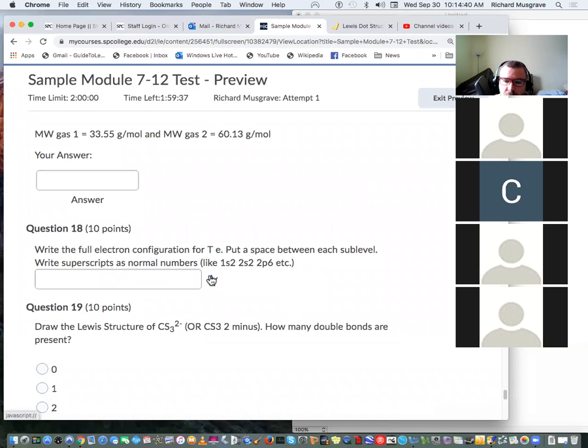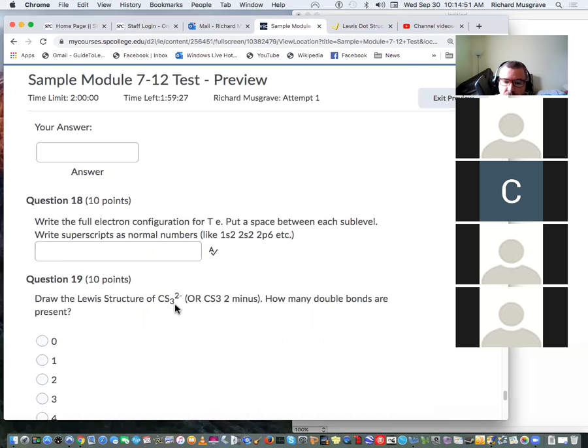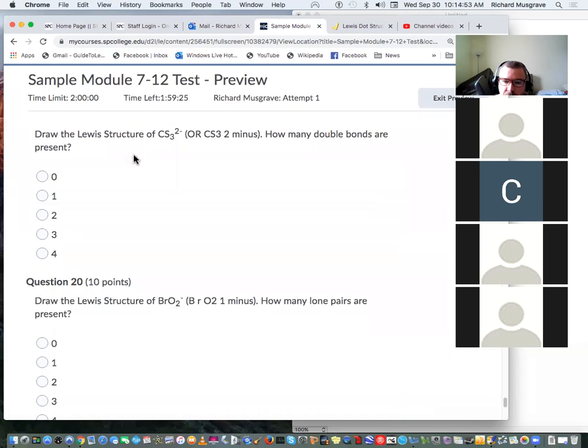You'll be asked for an electron configuration, and then you'll also be asked to figure out how many double bonds are present, given a Lewis structure, or given a formula here, and then how many lone pairs there are. That's really all there is to it.